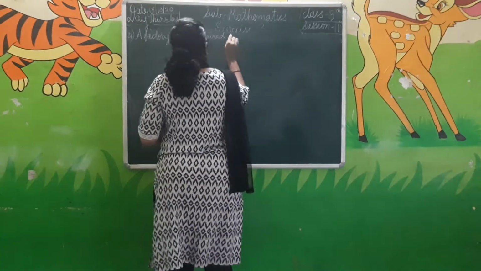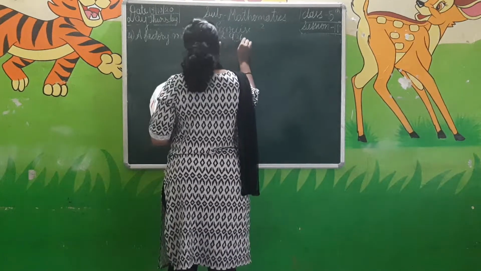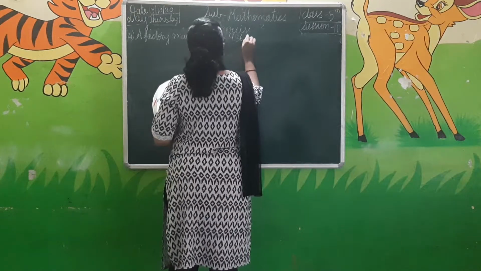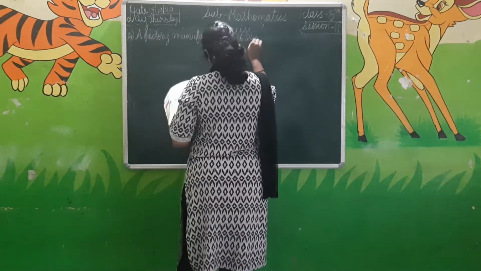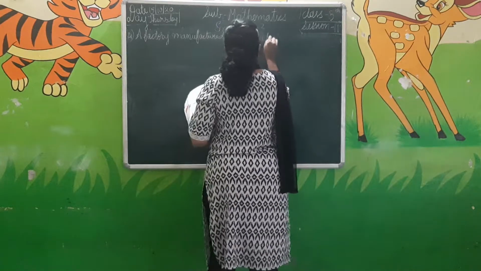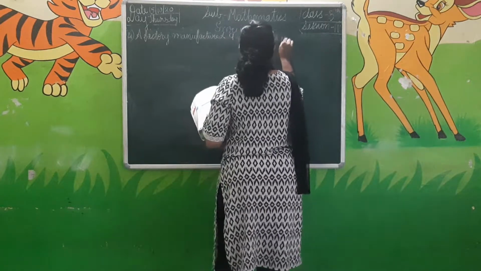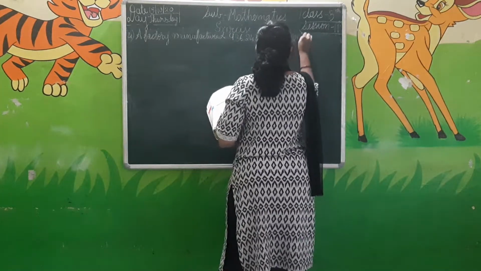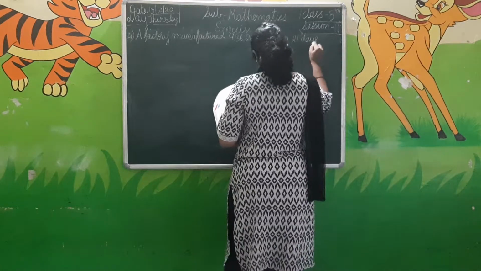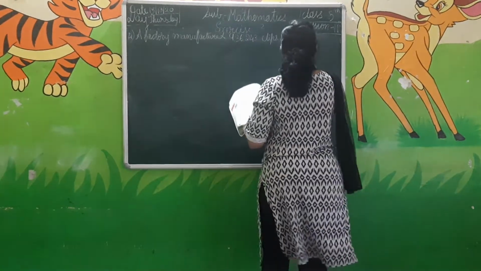A factory manufactured how many clips? That is 9,36,243 clips in 21 days. Sorry, 21 not days, it's weeks.